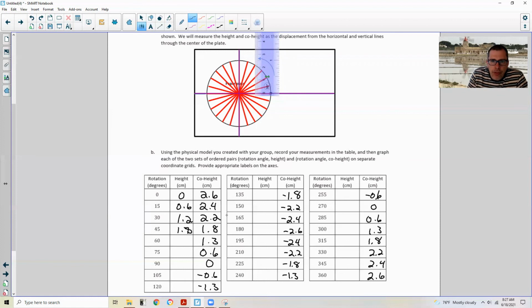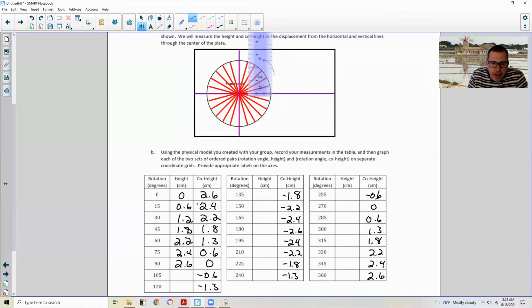This is 2.2. Okay, and I'm thinking about something here, so I'm going to get back to that in a second. And that looks like 2.4. And then 90 degrees should be the same. This distance should be the same as this because that's our radius, and that should be 2.6. So I'm not even going to measure it.